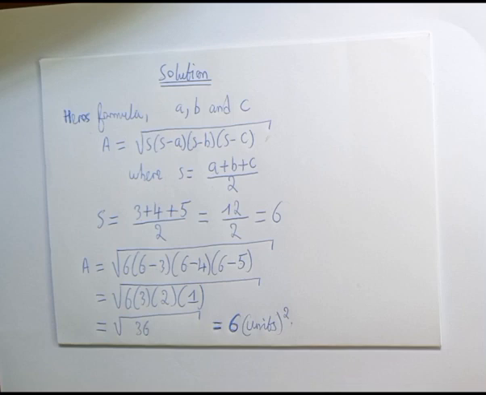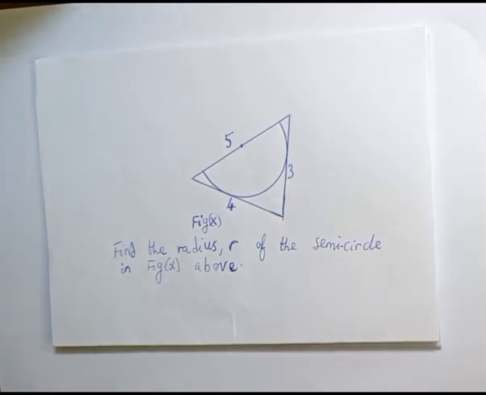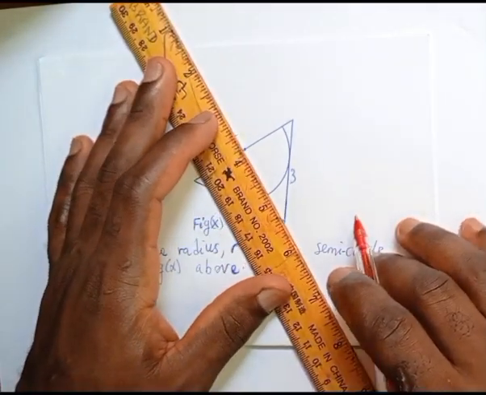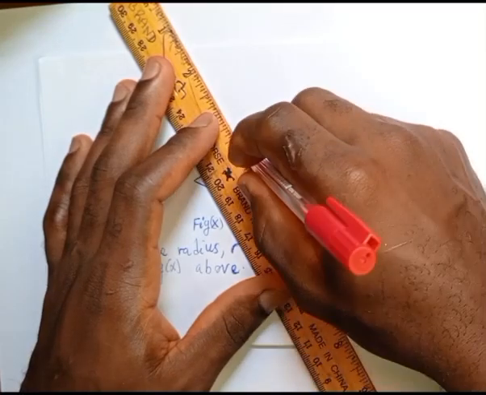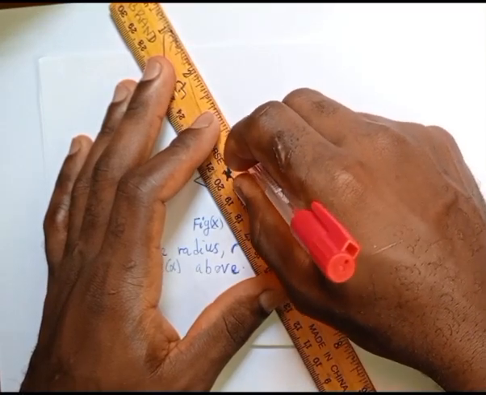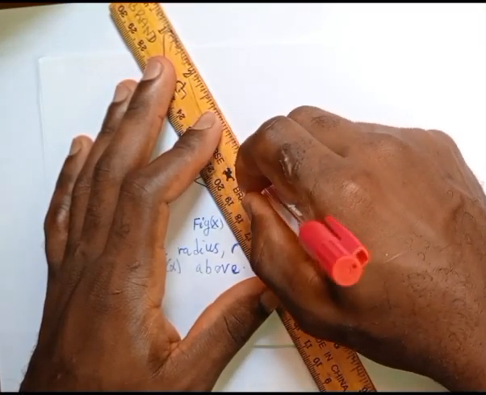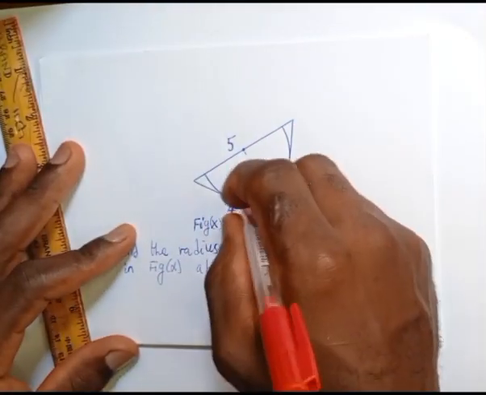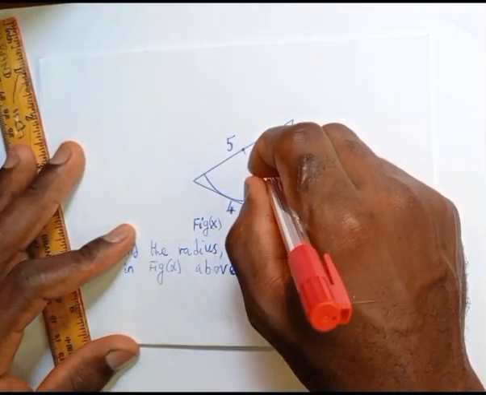Next thing, what we are going to do is we are going to split the triangle into two triangles. We are going to make use of the center. This will be the first triangle. This is triangle 1 and this is triangle 2.